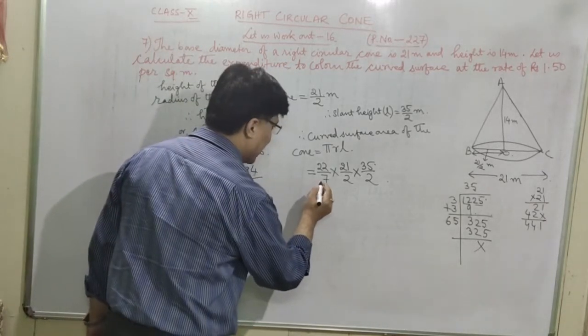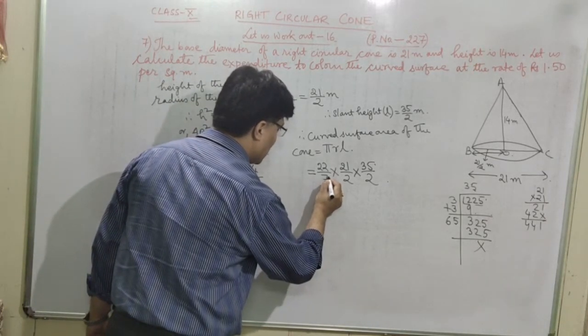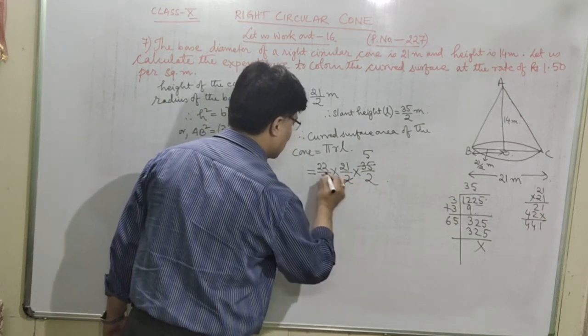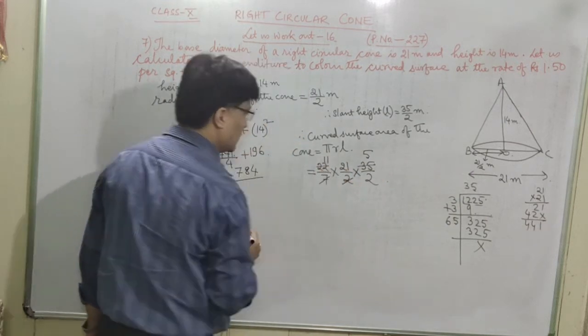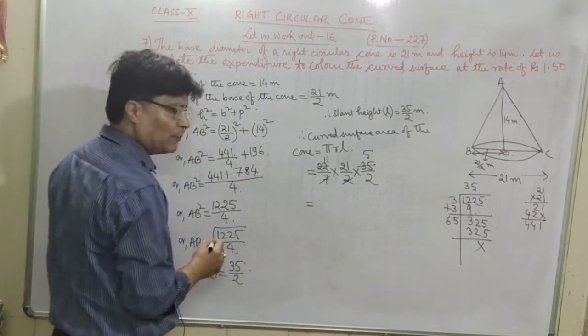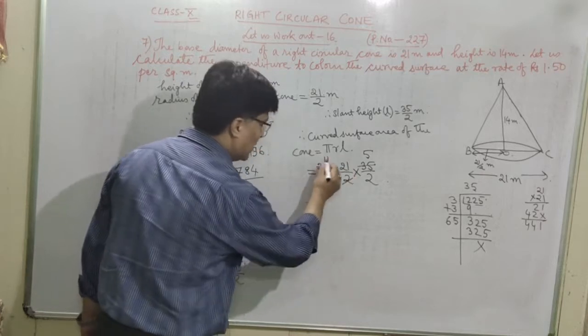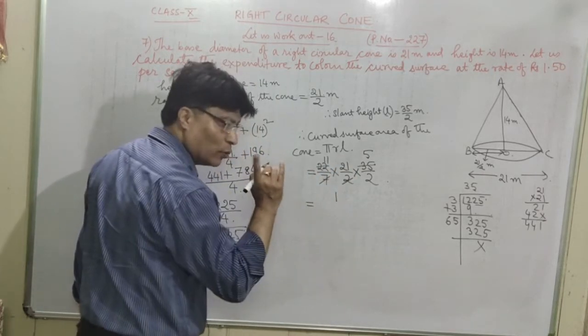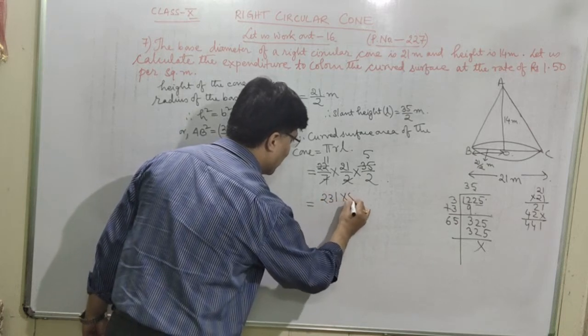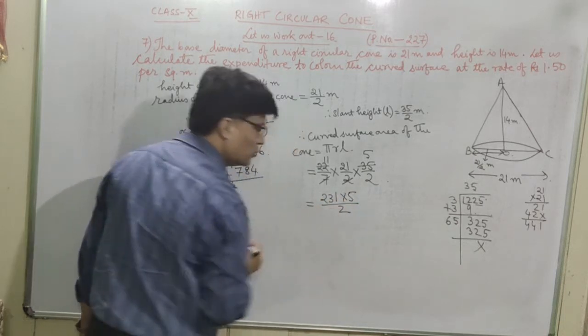So now here you can cancel. 7 1s are 7, 7 5s are 35, 2 1s are 2, 2 11s are 22. Okay, so is equal to, let us multiply it. 11 into 21, 11 1s are 11, 1 11 2s are 22 plus 1 is 23 into 5 divided by 2.